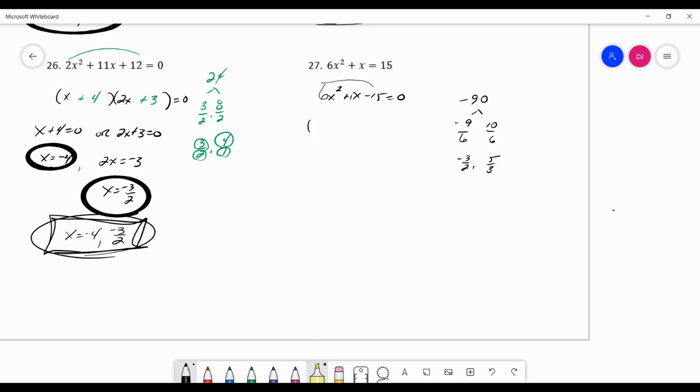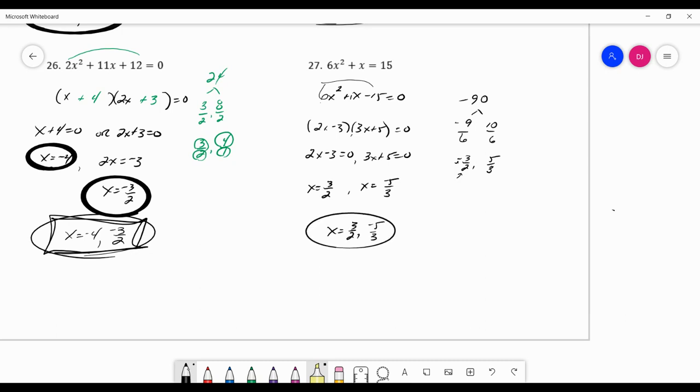So my factors are going to be 2x minus 3 and 3x plus 5. So if 2x minus 3 equals 0, x would be 3 halves. If 3x plus 5 equals 0, x would be negative 5 thirds. And so my solutions are 3 halves and negative 5 thirds.